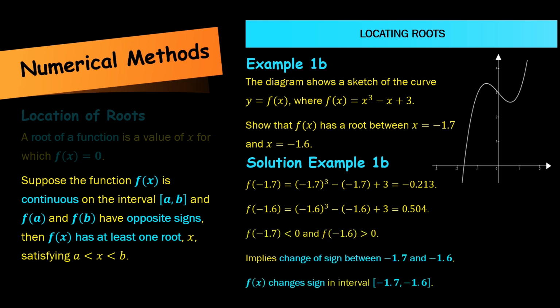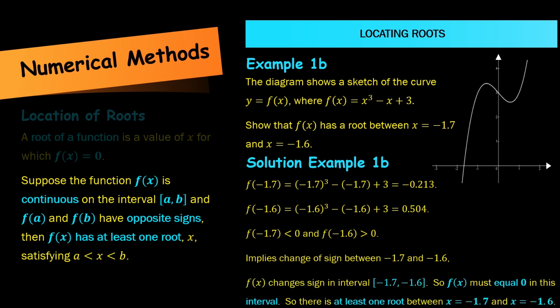So f(x) changes sign in the interval (−1.7, −1.6), and therefore f(x) must equal 0 in this interval. And so there is at least one root between x = −1.7 and x = −1.6.